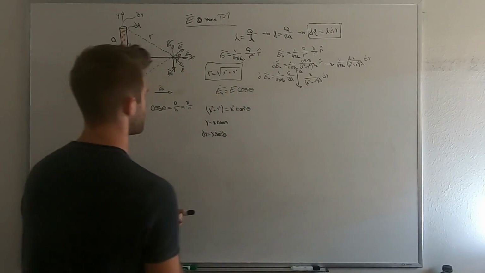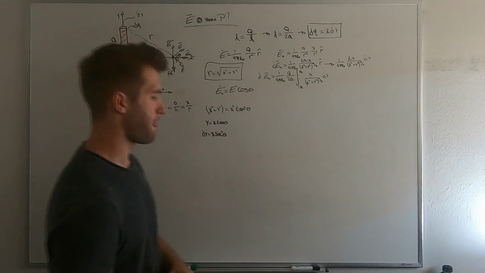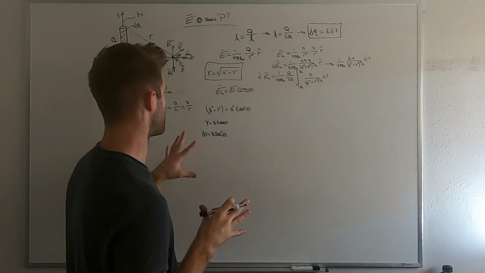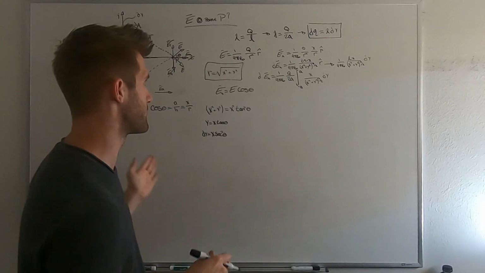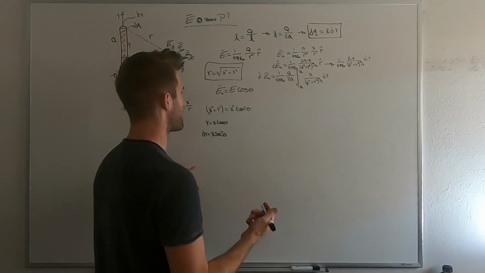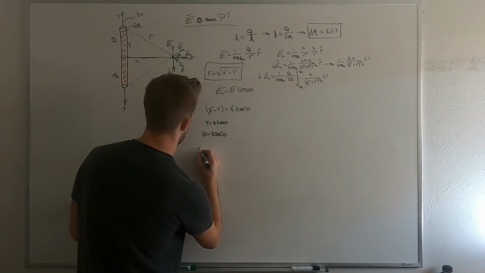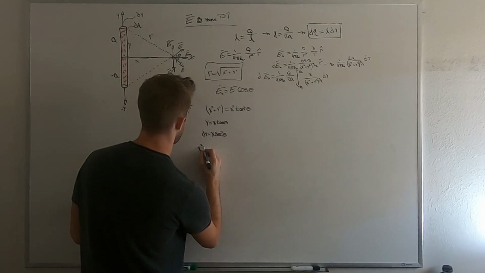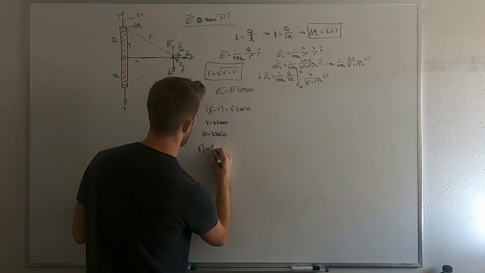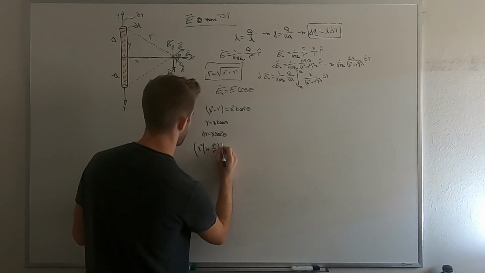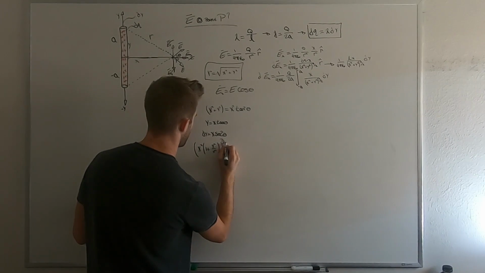I would also advise that we factor out this x squared before we start plugging anything in. So we're going to have x squared, and then 1 plus y squared over x squared, and this is all going to be to the 3/2.